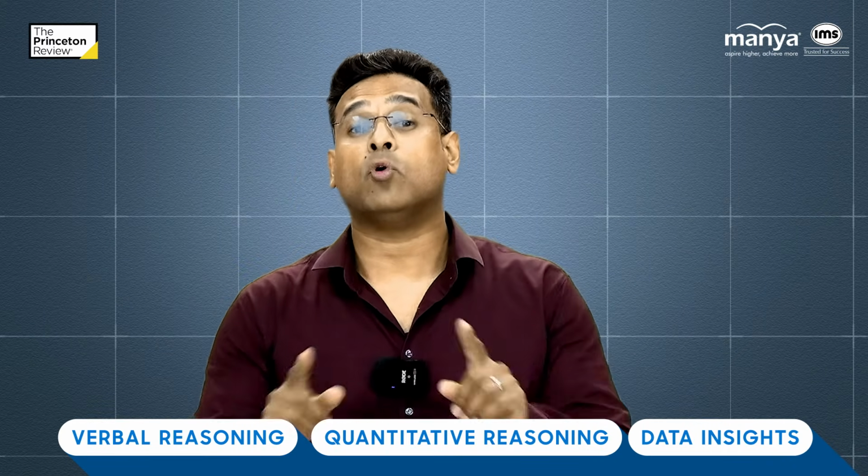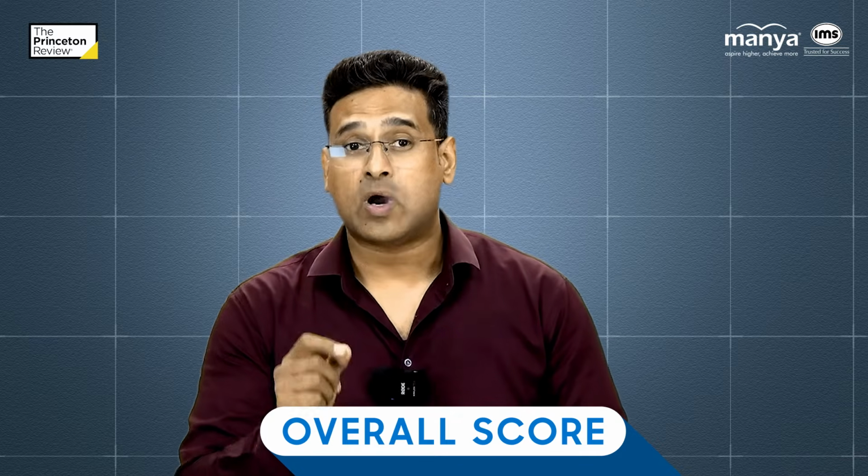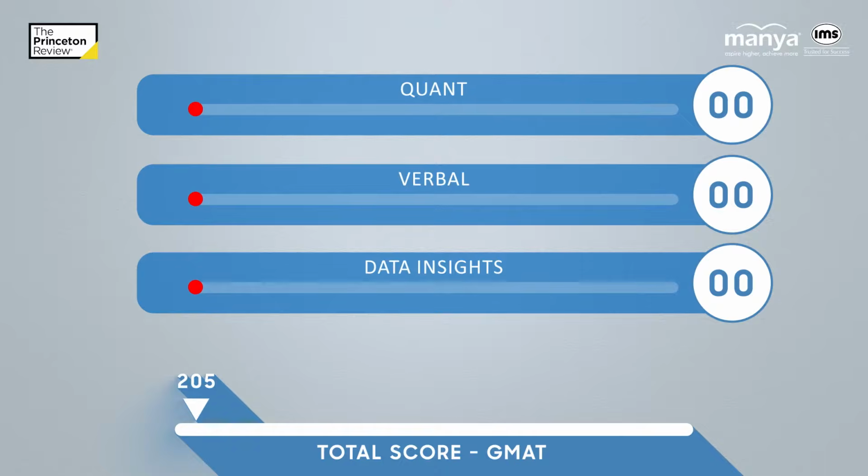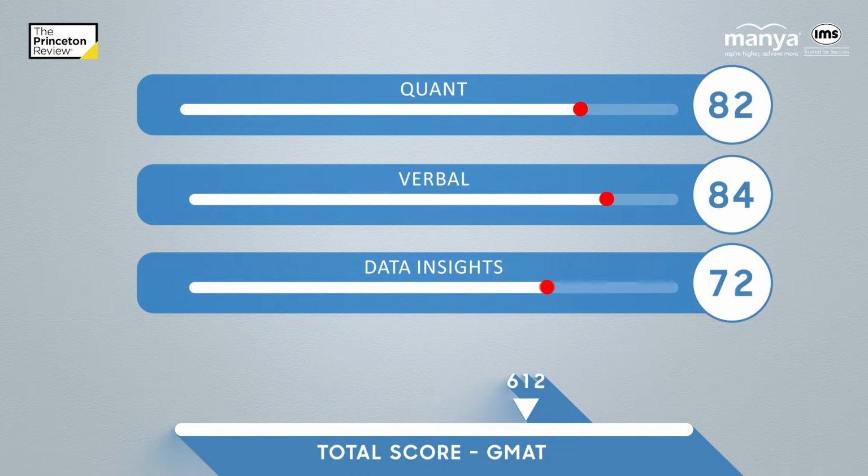It is important to understand that the different combinations of verbal, quant, and DI scores can lead to the same overall score. This means you have some flexibility. You can leverage your strengths in one area to compensate for challenges in another while still achieving your target overall score. However, business schools typically review both your overall score and your individual section scores, so balance is still important.